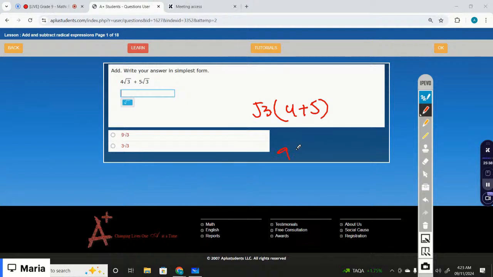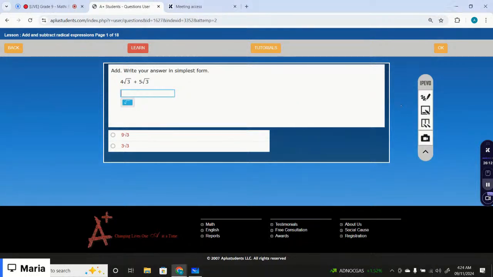So 4 plus 5 is 9. That would be 9 square root 3. The correct option is option number 1.